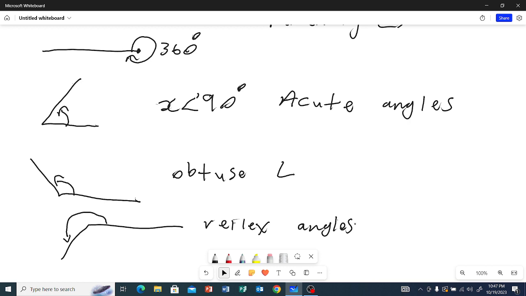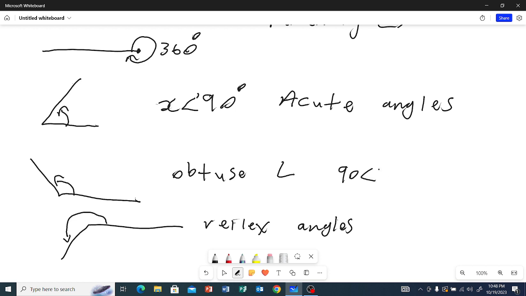Now, these are the types of angles that you must know. These ones are less than 90 degrees. An obtuse angle is an angle that is greater than 90 degrees. So we have 90 here.